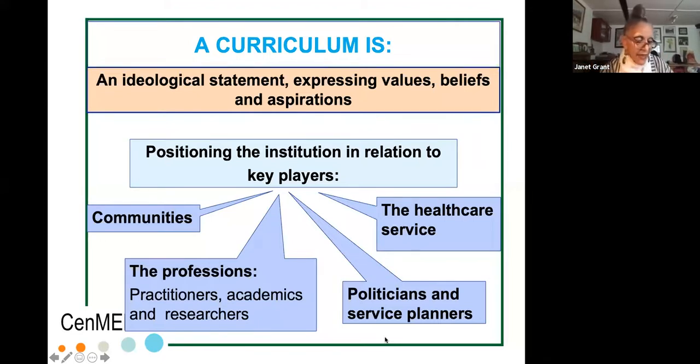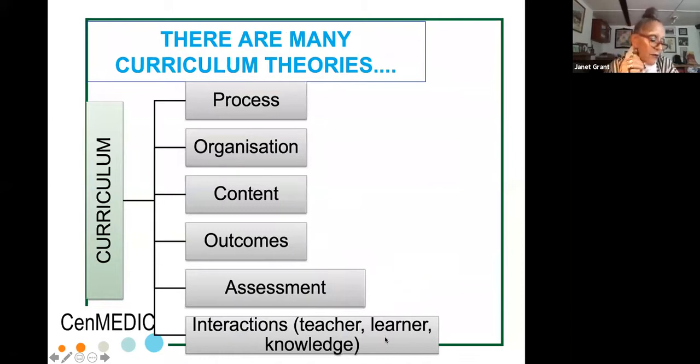And again, these agencies will be very different in different places, which means that you have to design your own curriculum, even if the content of that curriculum is specified for you. Now, how you do that, of course, is something that gives you choices.